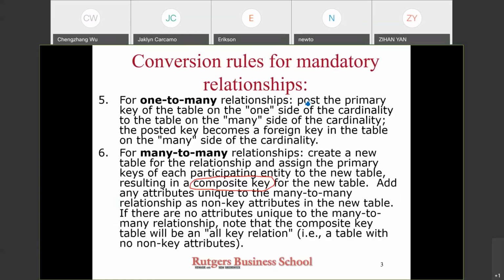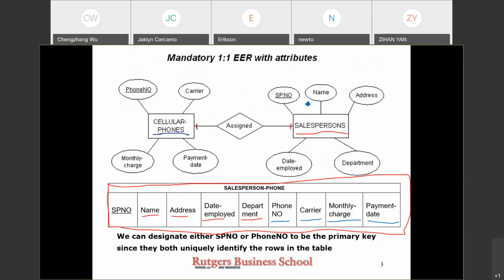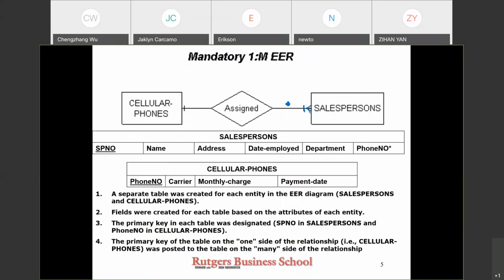And for one to many relationships, we post the primary key of the table on the one side of cardinality to the table on the many side of cardinality. Okay, let's take a look.